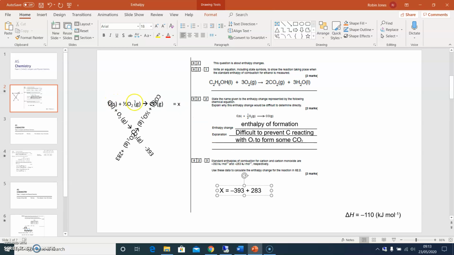So this missing enthalpy change here that I don't know, X, is minus 393 plus 283 because this reaction needs to come round in the other way, and that equals minus 110.